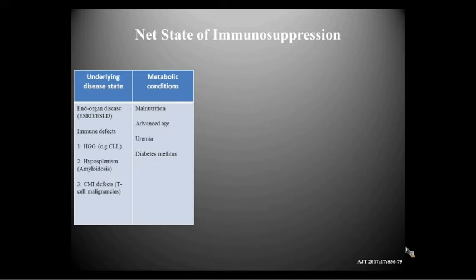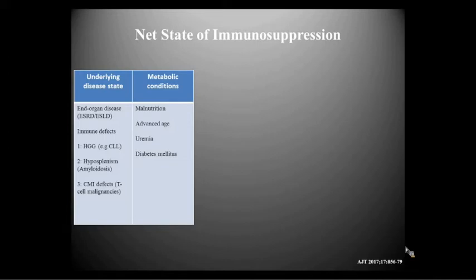CLL patients, for example, have hypogammaglobulinemia. Your AL amyloidosis patient has hyposplenism. Your patient with MDS, or T-cell malignancies: MDS patients are going to have innate immune deficiencies, dysfunctional neutrophils. T-cell malignancy patients certainly have cell-mediated immune deficits, and it's well known that they're very much similar to your AIDS patients. So these are things that come along with the disease itself.